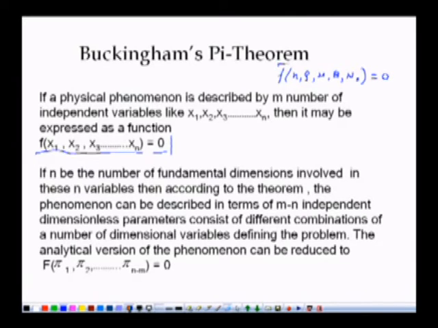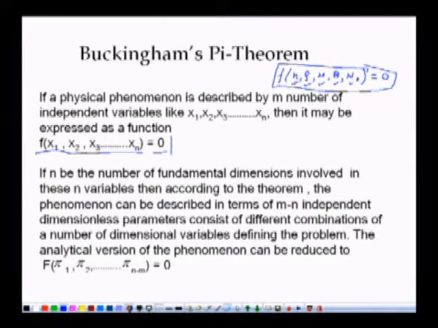So, we must have the knowledge that in this physical phenomena, what are the independent variables playing important role. So, in this phenomena, this is RPM, density, viscosity, angle of tilt of blade, then number of blades, etc. If we consider only 5 variables, then this phenomena mathematically may be written as function of these equal to 0.